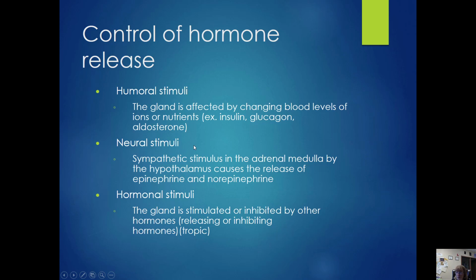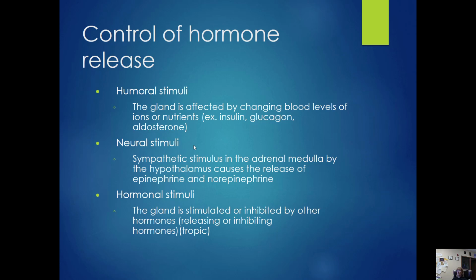Neural stimuli, not so many neural stimuli. One of the primary neural stimuli is sympathetic stimulation from the hypothalamus, through the thoracolumbar region of the spinal cord, to the adrenal medulla.